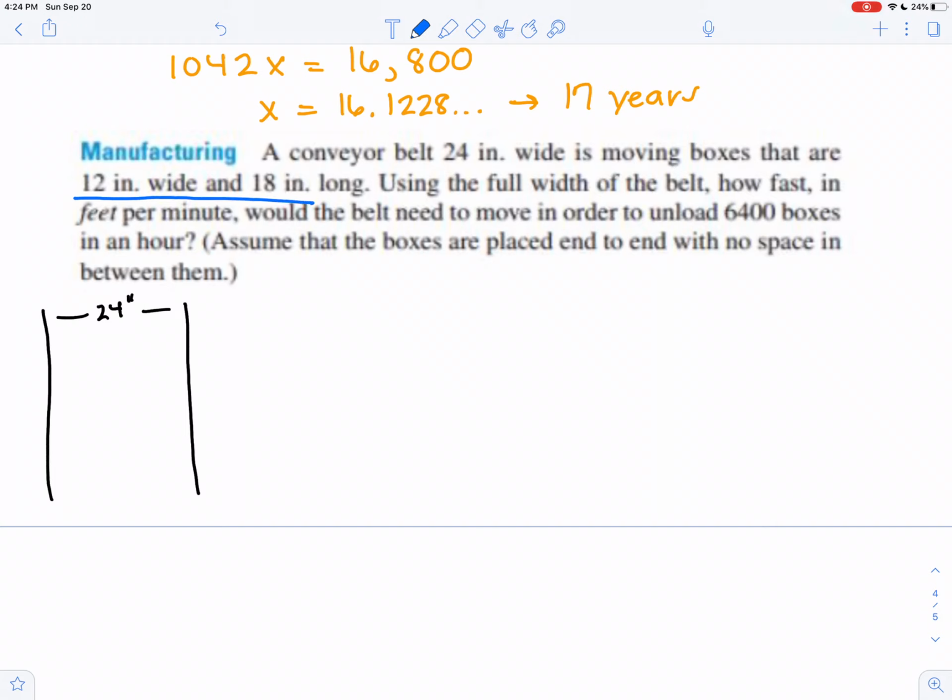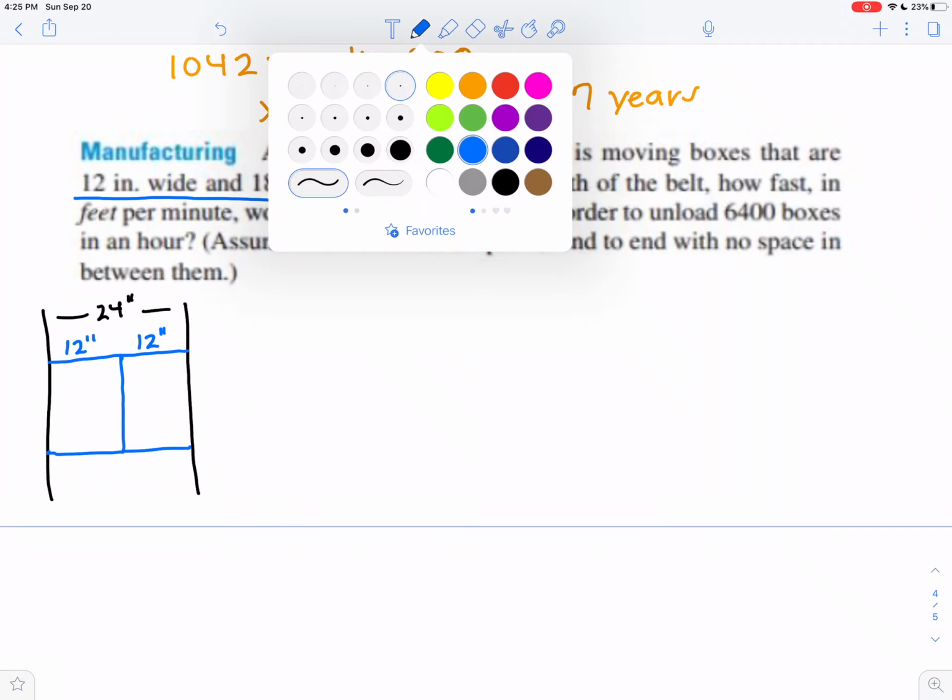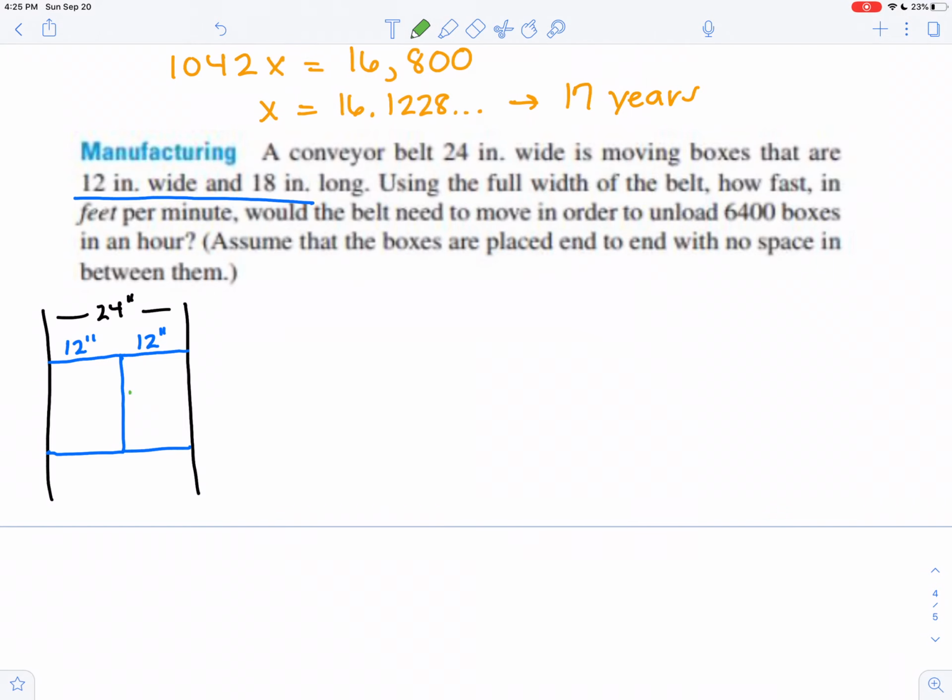Because I want to move as much as I can, I'm going to note that I could fit 2 boxes at a time on this conveyor belt, because each one is 12 inches wide. That means 2 can come off at the same time. And each one of these boxes is 18 inches in length.